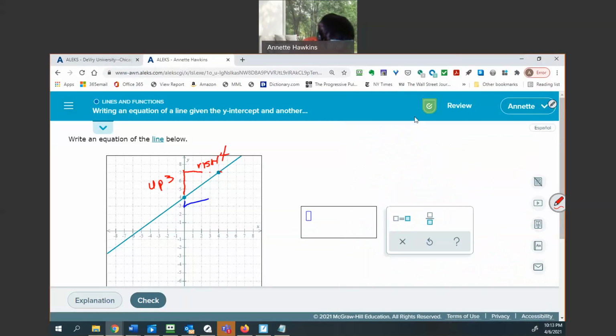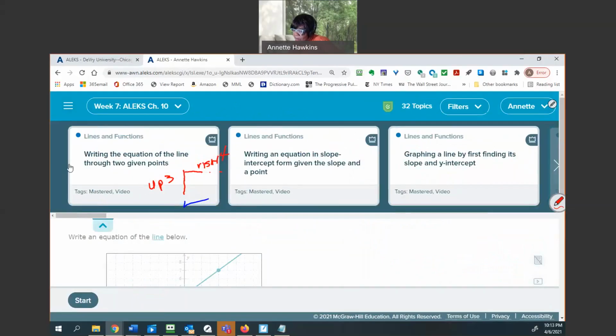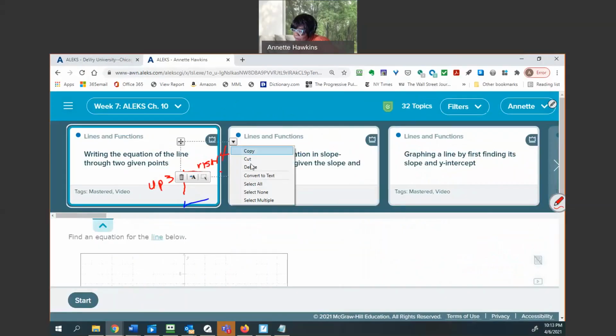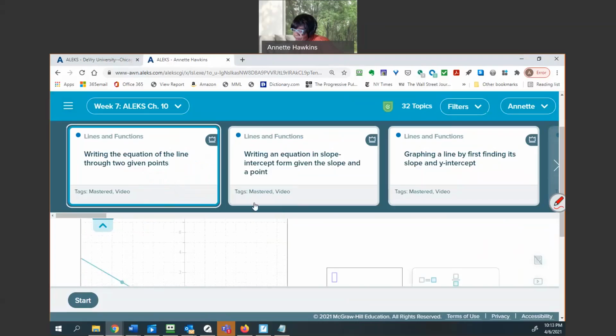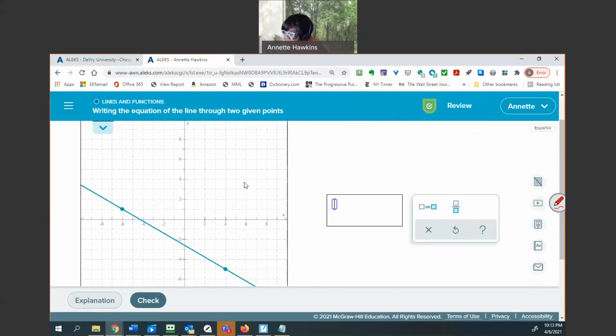All right, let's write the equation of a line through 2 points. All right, neither of these points are the y-intercept. It doesn't matter.